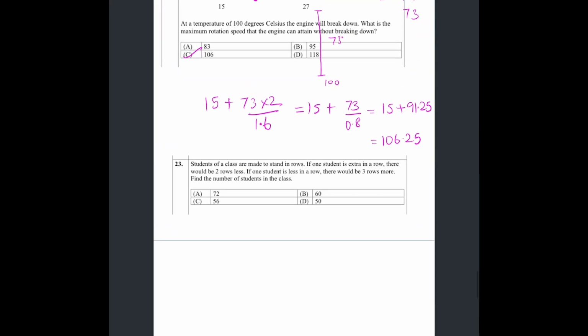Okay. The 23rd question. Students of a class are made to stand in rows. If one student is extra in a row, there would be 2 rows less. If one student is less in a row, there would be 3 rows more. Okay, let's say there are X rows and Y columns.